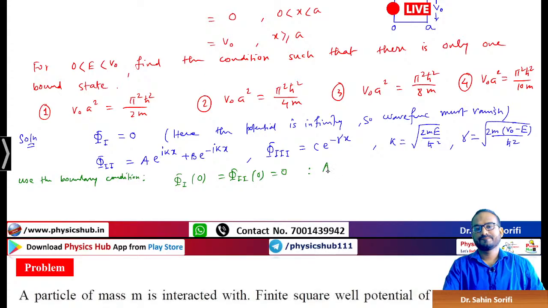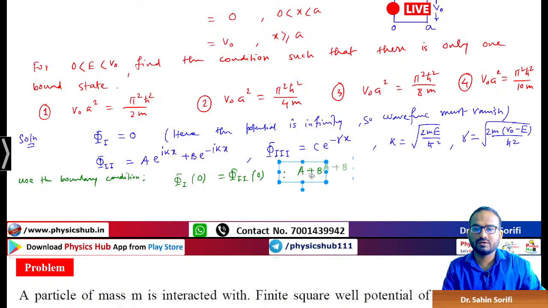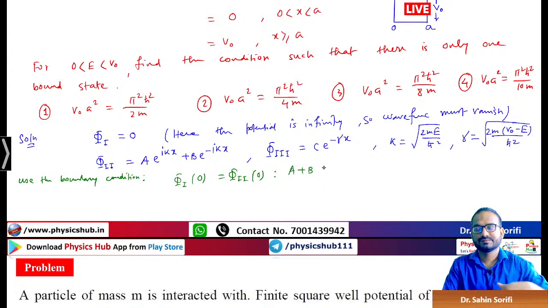So A plus B equals 0. Are you able to follow this? Tell me, Mulli, Harry, Karthik, are you able to follow this?